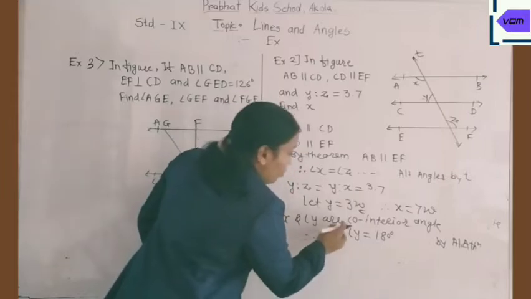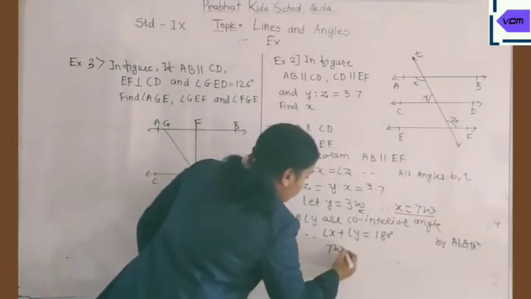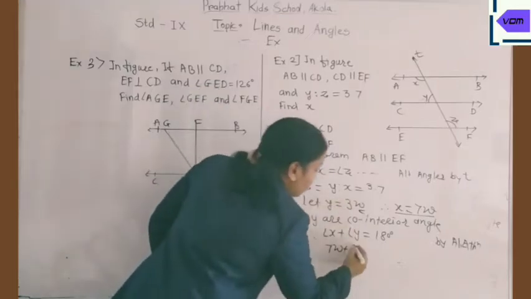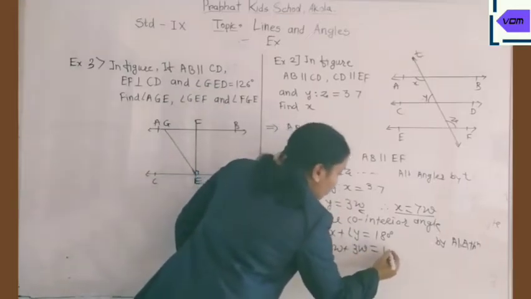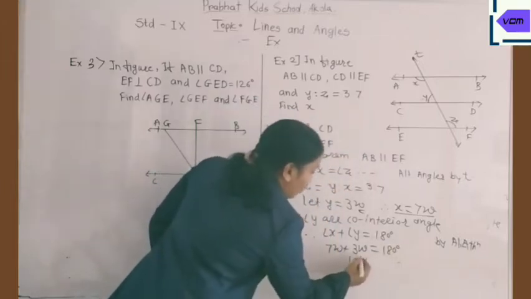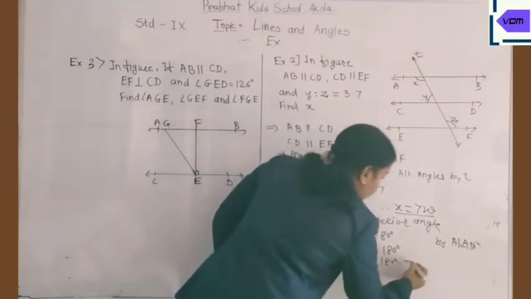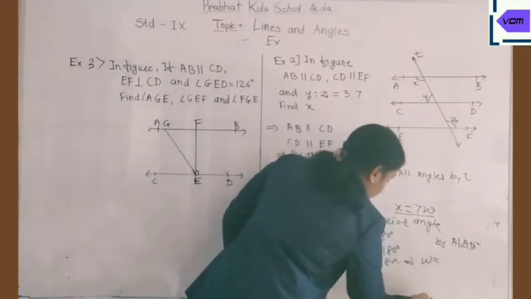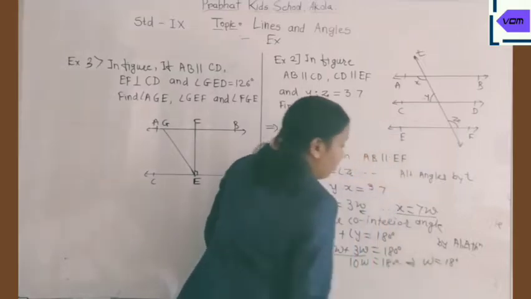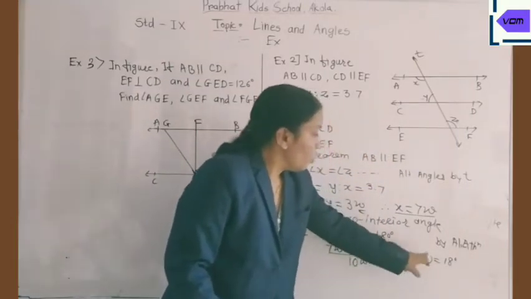Now what is the measure of X? 7 into W plus the measure of Y, 3 into W, is equal to 180 degrees. Therefore, adding this, 10W is equal to 180 degrees. This implies that W is equal to 18 degrees. Now you got W equal to 18 degrees.